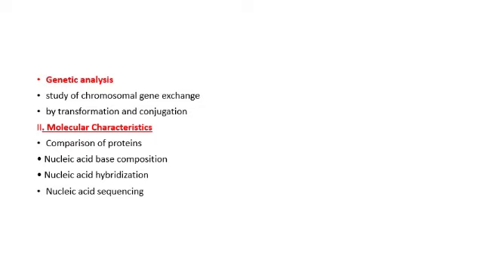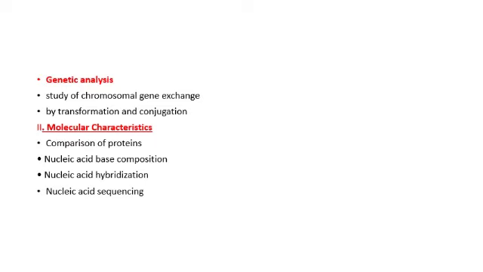The second one is the molecular characteristics. As the name indicates, these are at the molecular level, based on the proteins and the nucleic acids, whether RNA or DNA. First is the comparison of proteins. Second is the nucleic acid base composition.